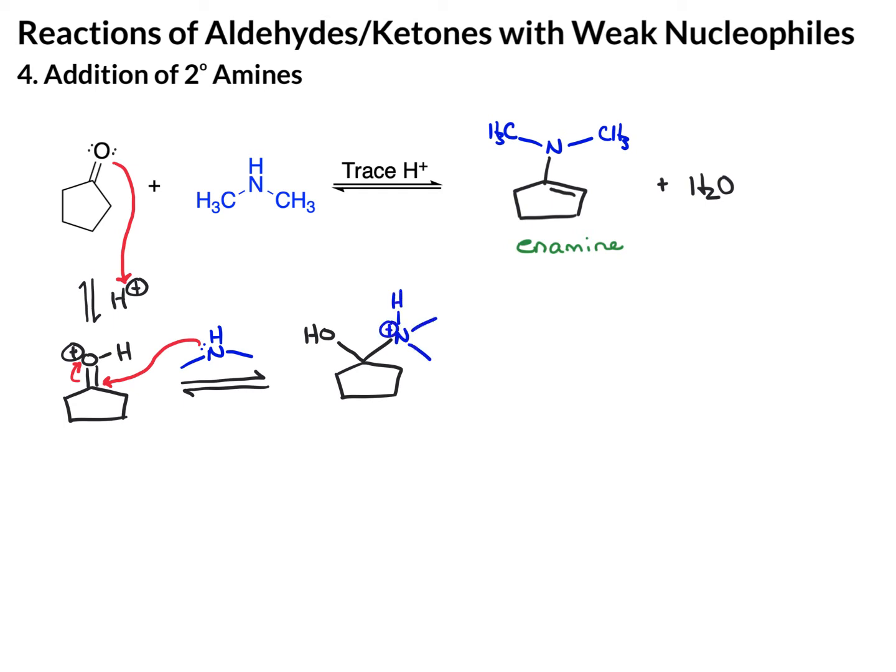Okay, so now we have the protonated nitrogen. We want to get the proton onto the oxygen so we can get rid of it as a leaving group. So again, same thing as we did in the previous reaction. We're going to do a proton transfer.